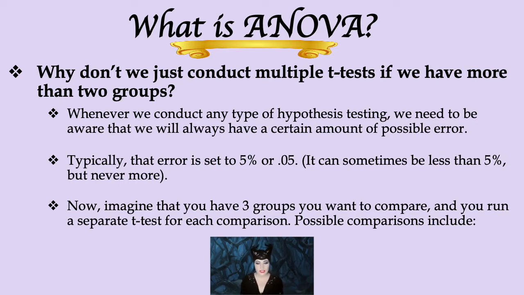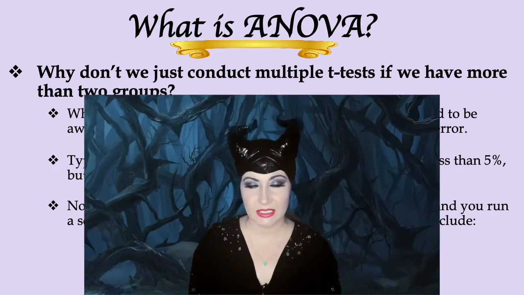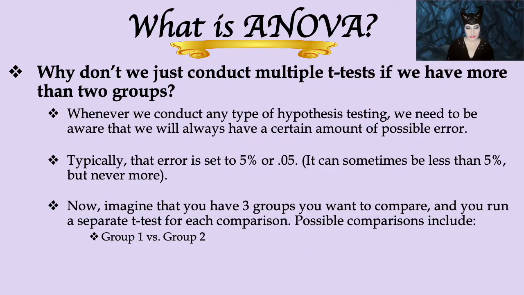So now imagine that you have 3 groups that you want to compare, and you're going to run a separate t-test for each paired comparison. These possible comparisons would include comparing group 1 versus group 2, group 2 versus group 3, and group 1 versus group 3. So if we were to combine all the possible pairwise comparisons, it looks like we have 3 possible combinations.